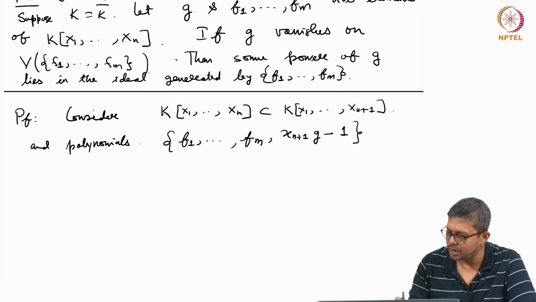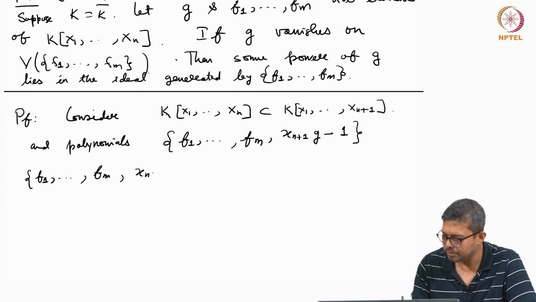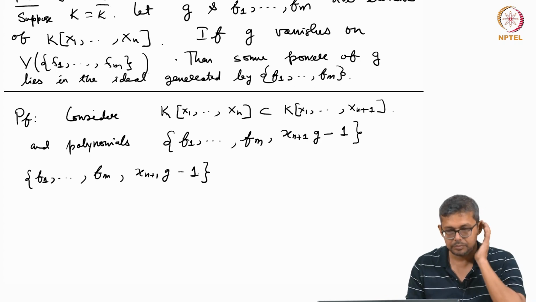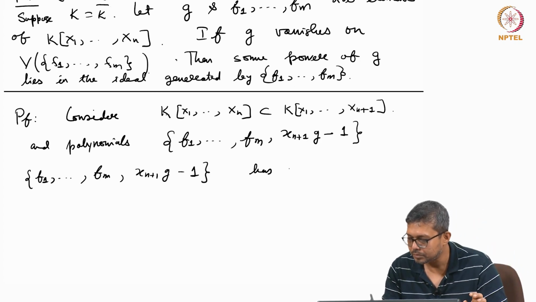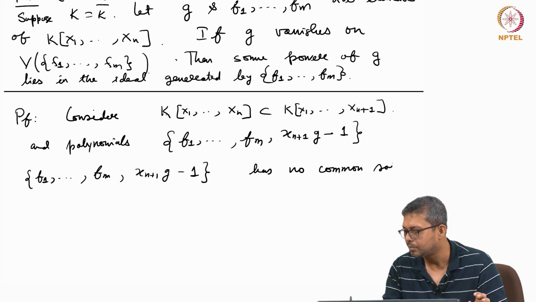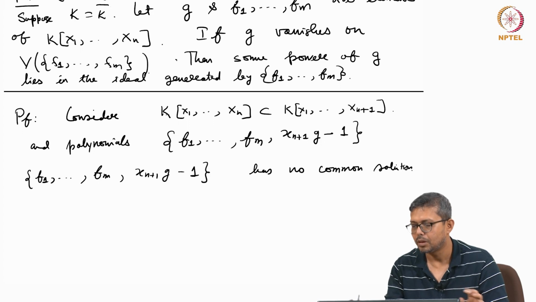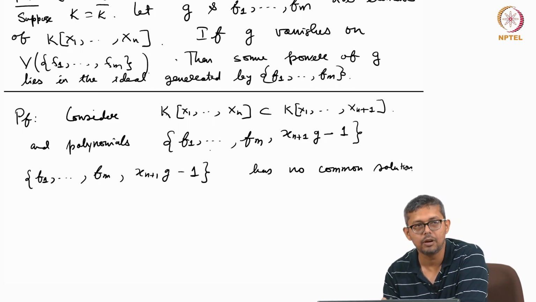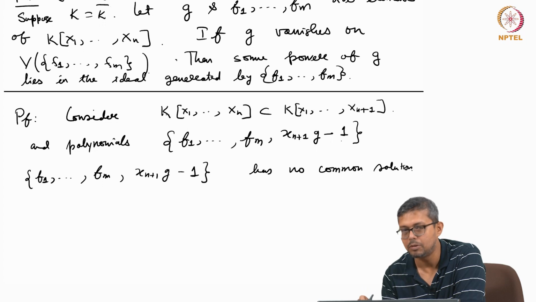So this set has no common solution, because if it has a common solution, then since G vanishes on the zero set of F1, ..., Fm, it would be minus 1, right.